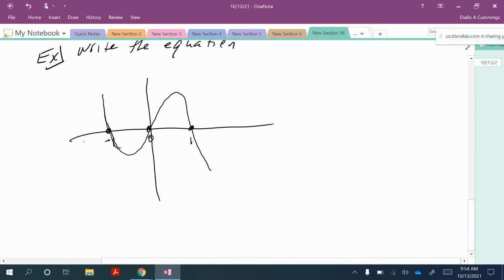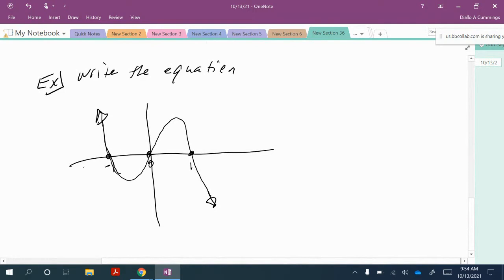So here we have the graph, right? It hits the x-axis at -1, 0, and +1. Right. I'm going to give you a few minutes, and I would like for you to write the equation for the graph, and then we'll come back and we'll take a look at the solution together.